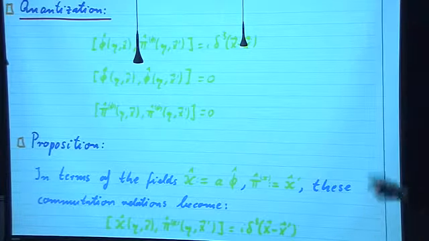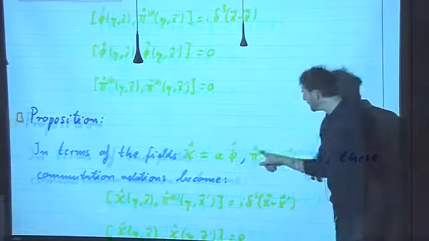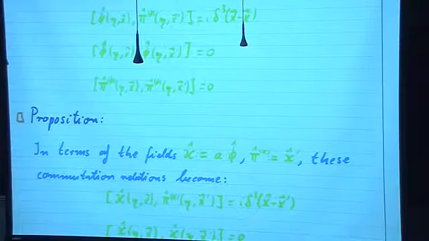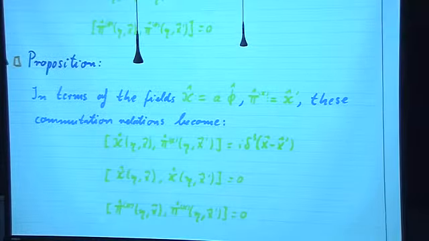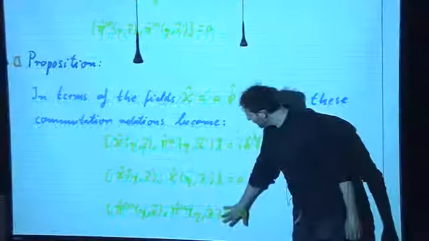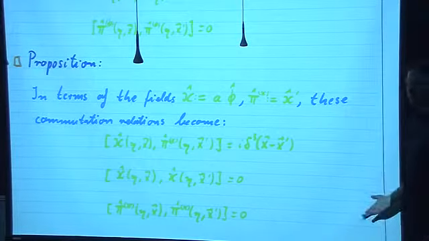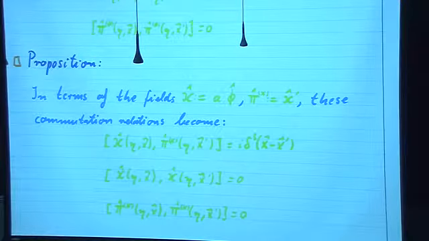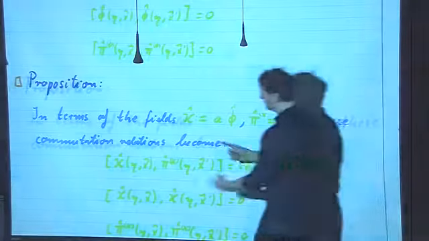Now, in terms of the fields chi and the canonically conjugate field to the chi, the pi superscript chi, what do these commutation relations become? Do they become funny looking? No, they don't. They become just what we might have hoped. They are still of the usual kind. And the reason is ultimately that we have these scale factors.